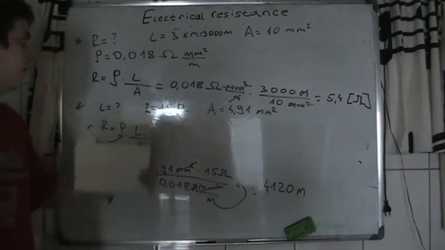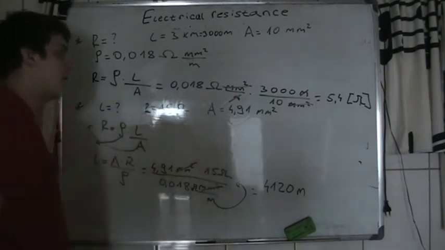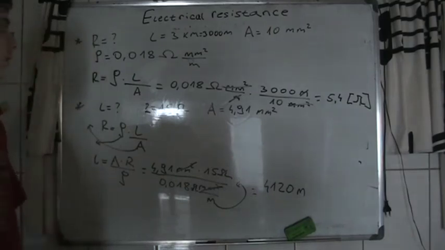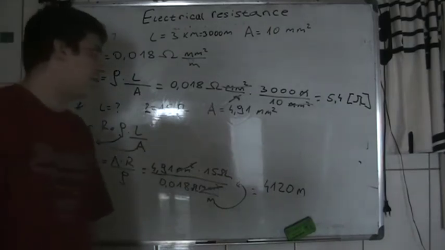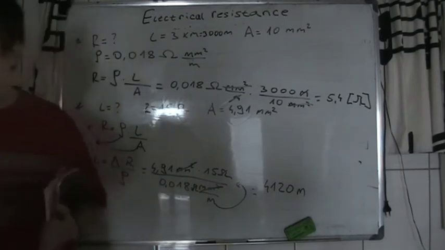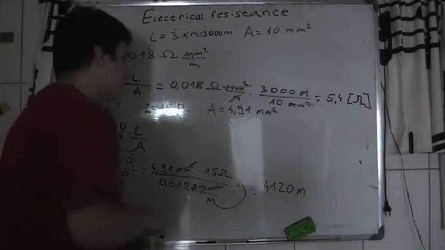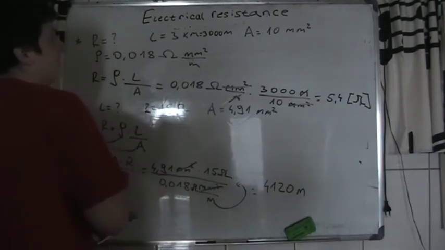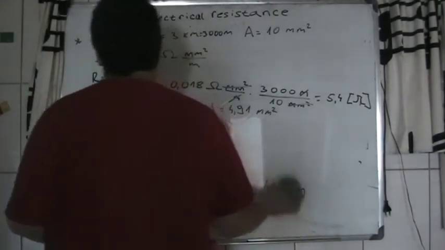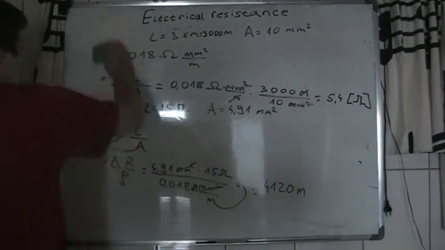So that's the length of the wire that has an electrical resistance of 15 ohms and an area of 4.91 millimeters squared. And let's do one more with temperatures, and you'll get the point.